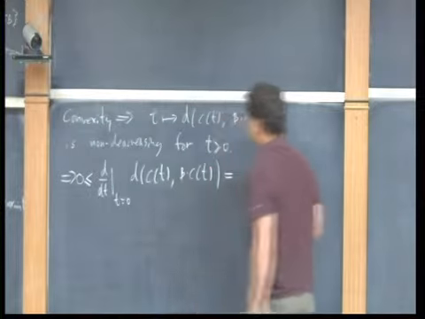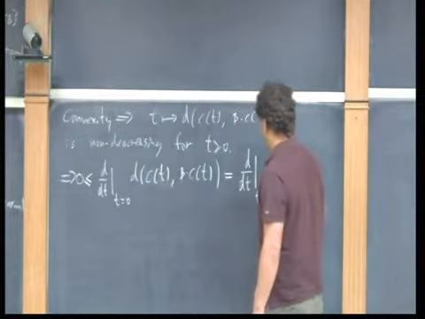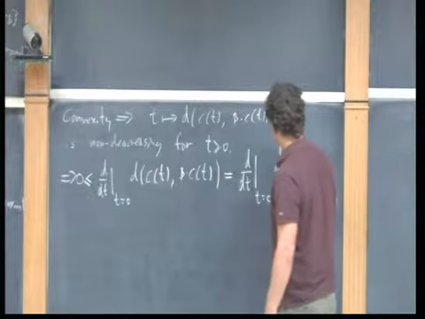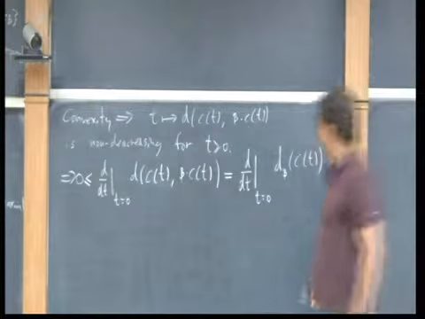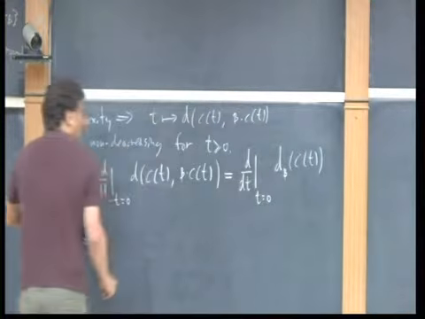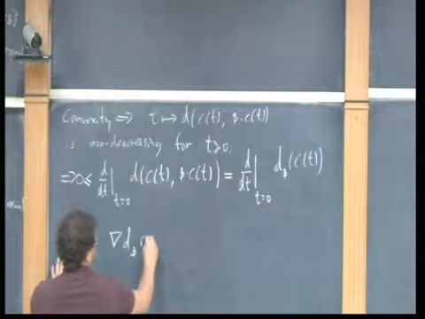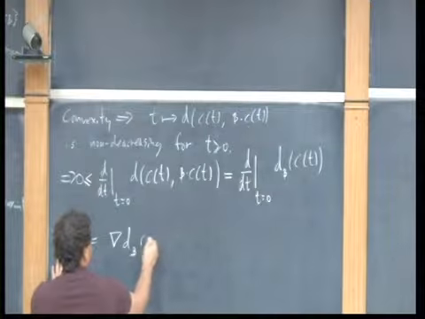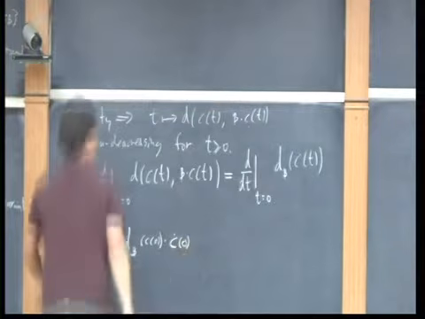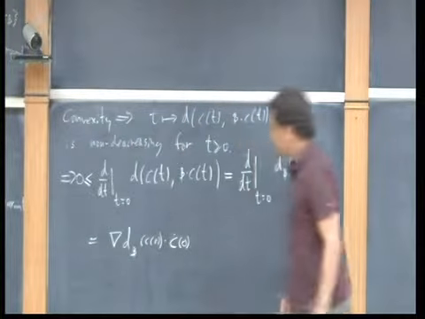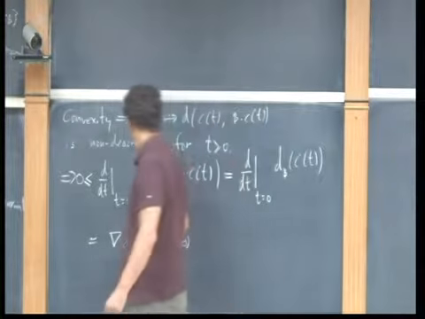This is the same as, let me write it like this, the derivative of the distance function d beta of c of t. And this is the same as the gradient of this function at x of 0 times c dot of 0. Now what is this?